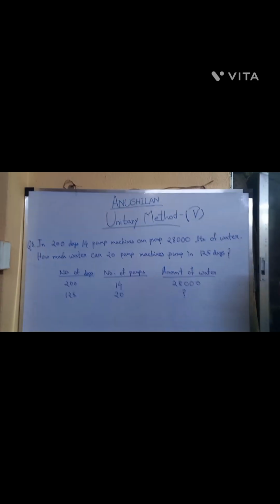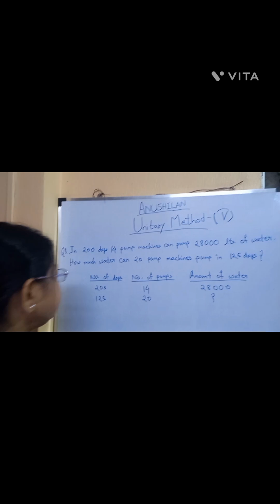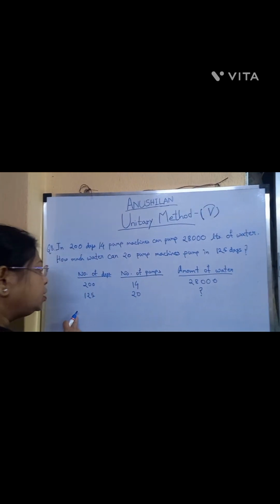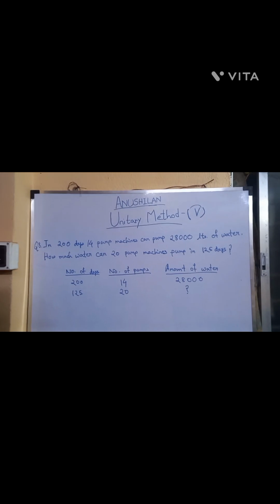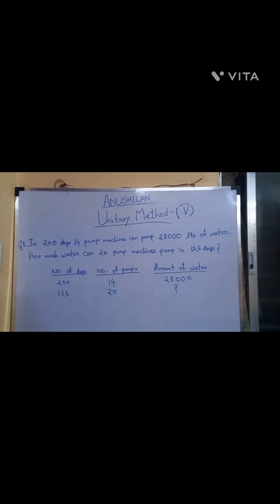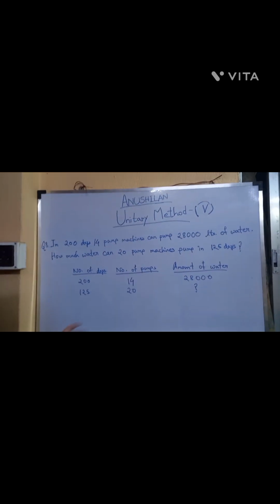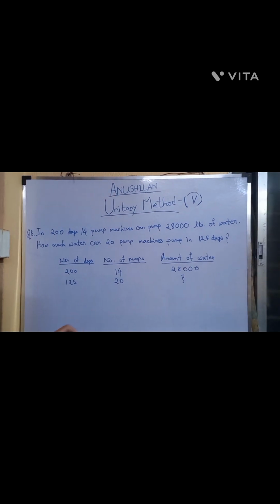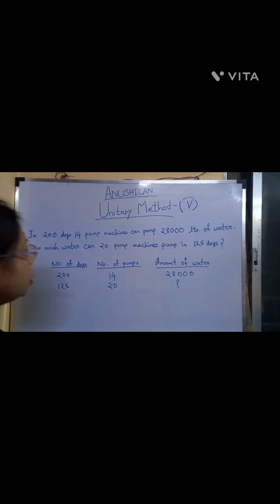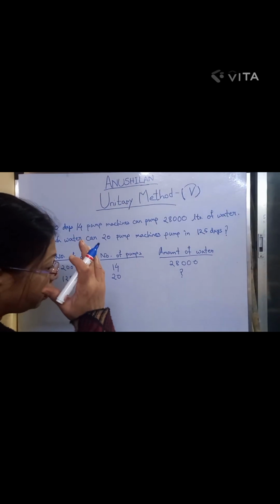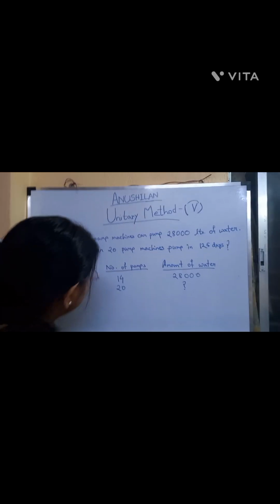Have you got it? Now, I have done the tabular structure here: number of days, number of pumps and amount of water. If you make the tabular structure, then it will be very easy to write down the solution. Otherwise, it may become a maze in your brain.